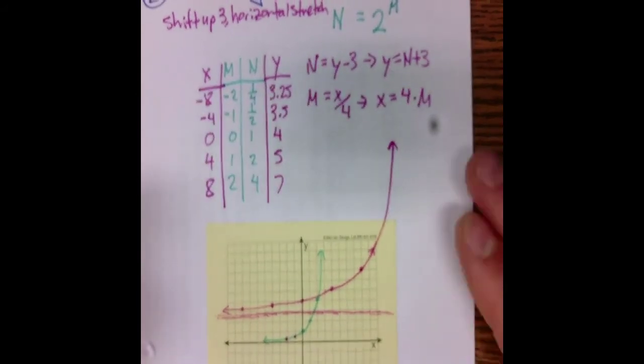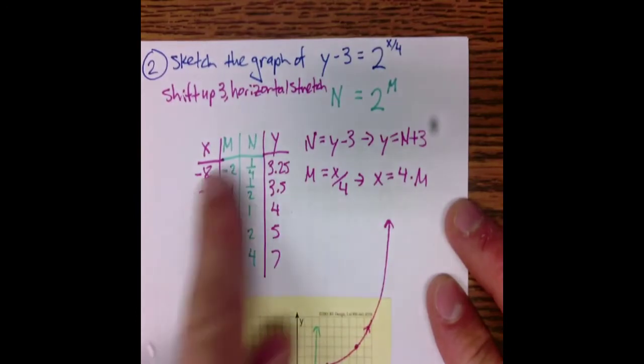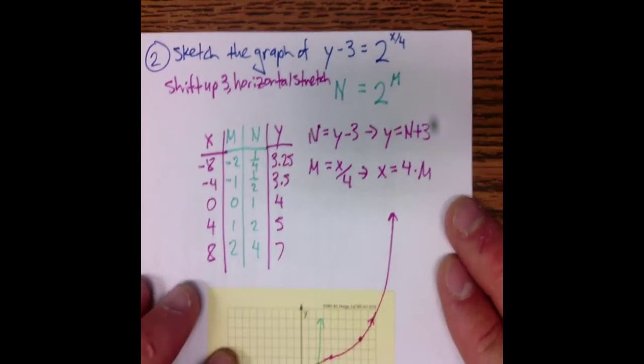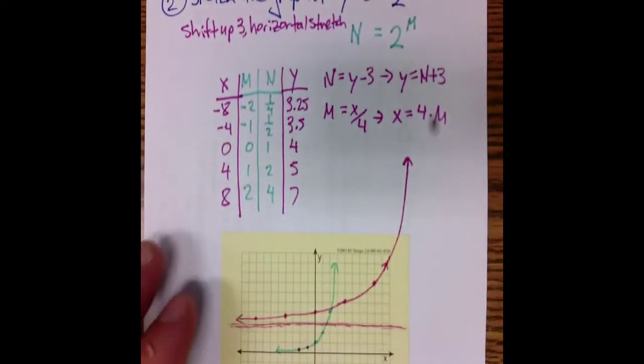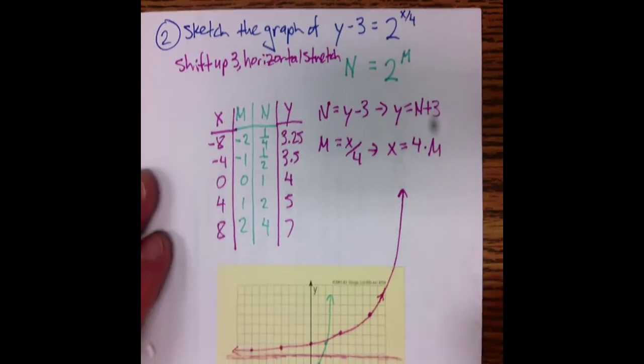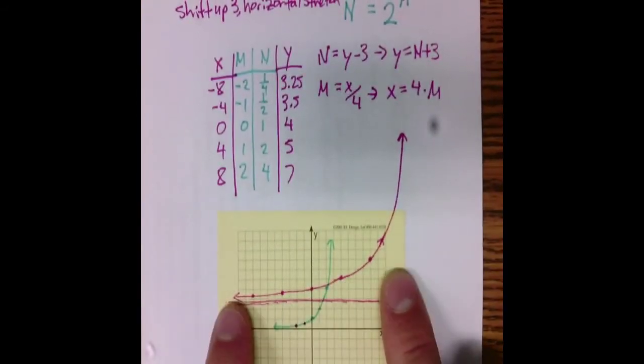Okay? So since this had a lot going on, it was helpful for us to actually make the table fully out by this. But once you get the hang of doing these more, you'll kind of get the idea of how to sketch these graphs potentially without feeling like you have to make the table every time, right? As long as you can recognize that we've stretched it out, right?